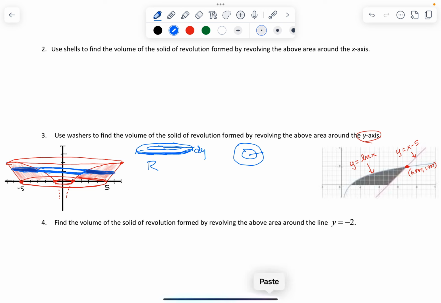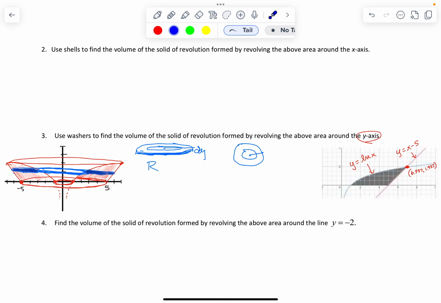That's the line y equals x minus 5. However, because we have dy's, our functions have to be in terms of y. So the function y equals x minus 5 will be x equals y plus 5.